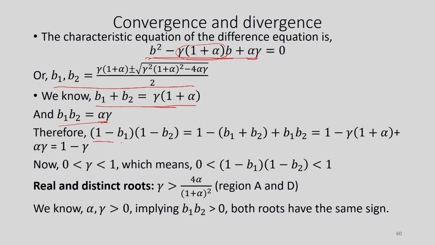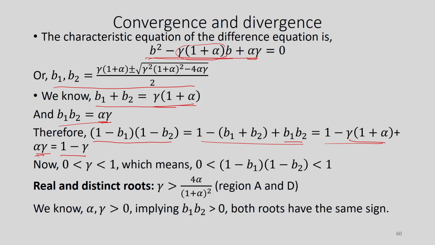Furthermore, let us look at the expression (1 minus B1) multiplied by (1 minus B2), where B1 and B2 are the roots. This simplifies into 1 minus (B1 plus B2) plus B1 B2. B1 plus B2 we have just noted is gamma multiplied by (1 plus alpha), which we substitute here, and B1 B2 is alpha gamma, which we substitute here. Simplifying, it turns out to be 1 minus gamma.